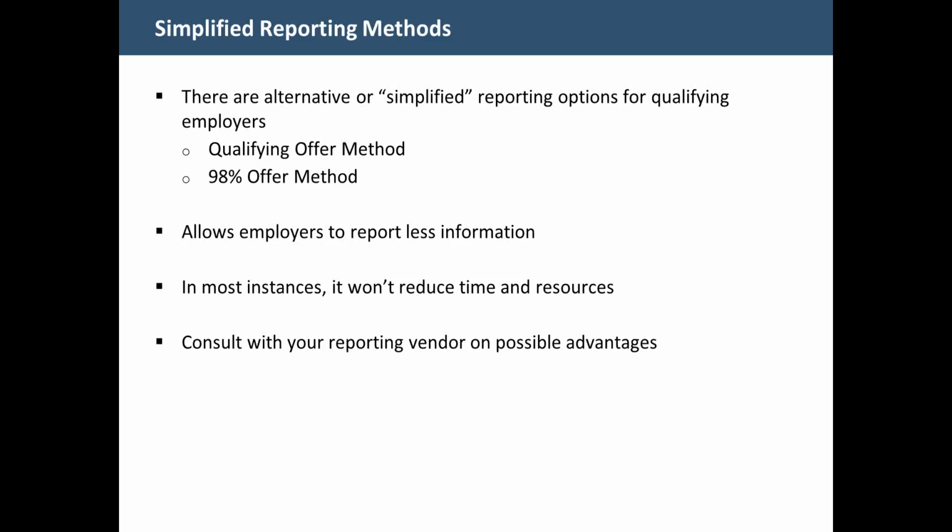I would be remiss if I didn't mention that there are some simplified reporting methods that were available in the final rules. Those are referred to as the qualifying offer method and the 98% offer method.